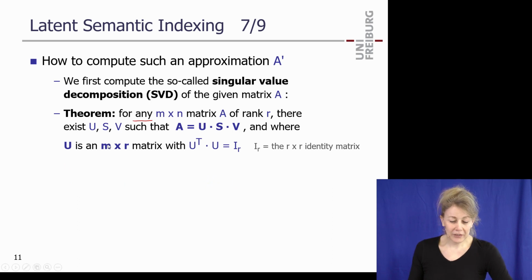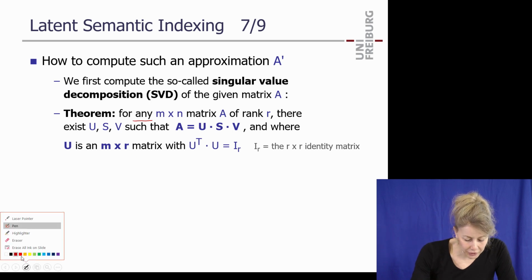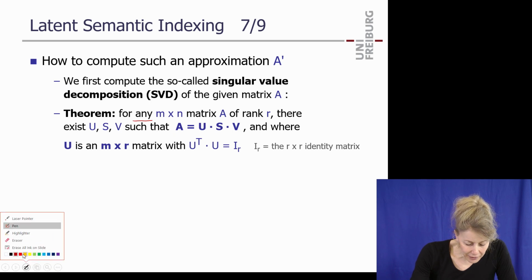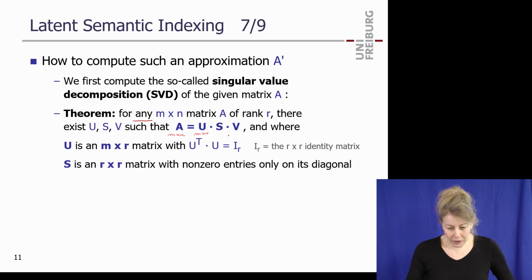U is an M times R matrix. Let's just write down the dimensions as I introduce you personally to these matrices. So this here is my original matrix. It's M times N. So U is M times R. R is the rank.